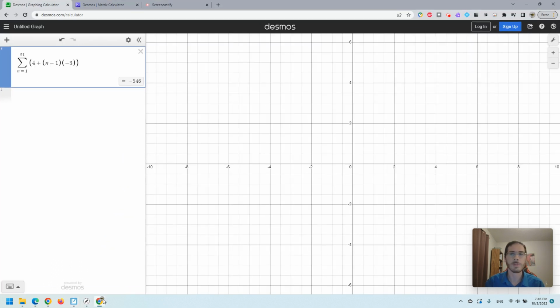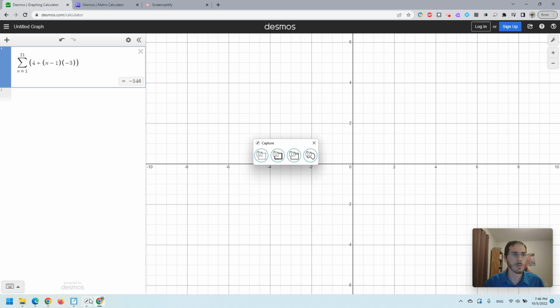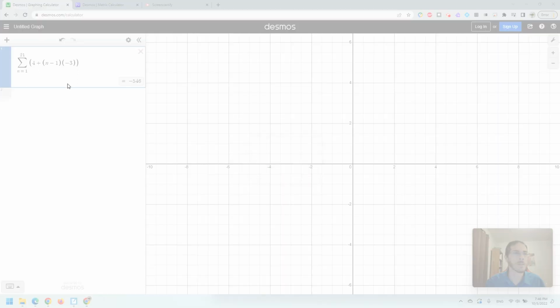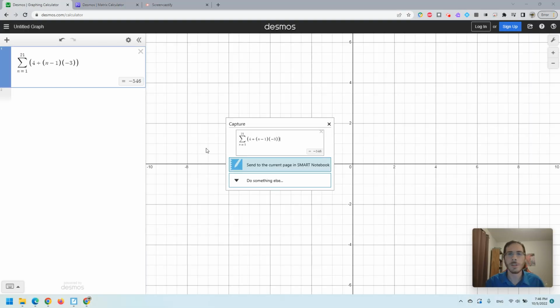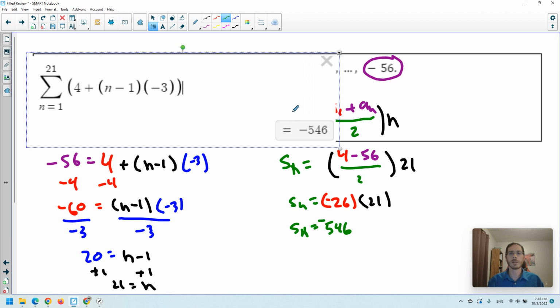Oops. Where did my camera go? There we go. I may as well steal this, just so it's on the screen. We want this part, because Sigma's a good friend, so it's good to include Sigma. You're not that good of a friend. We don't need to take everything up. But that's what we get.